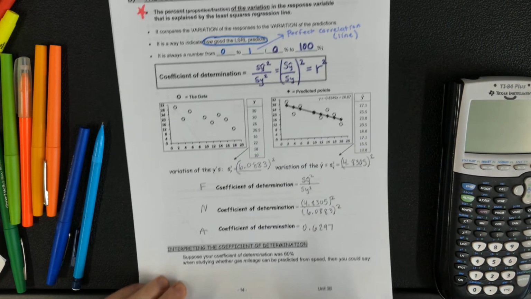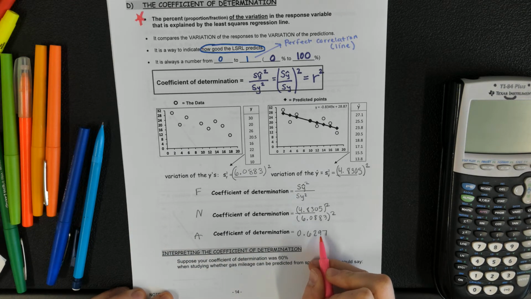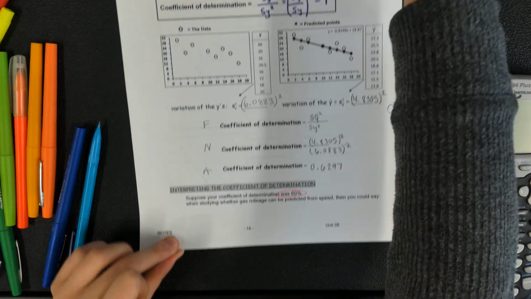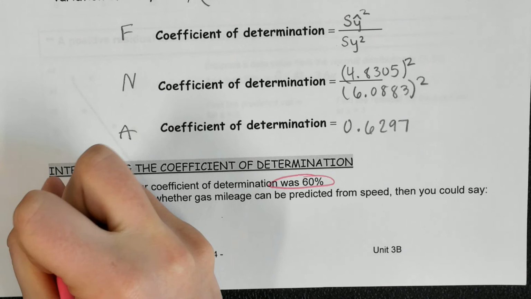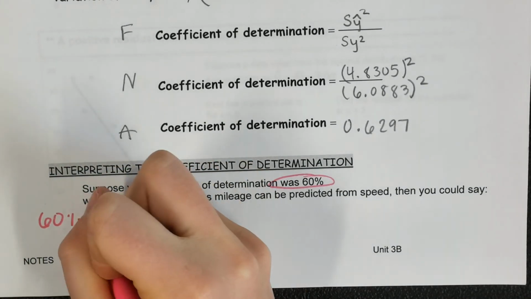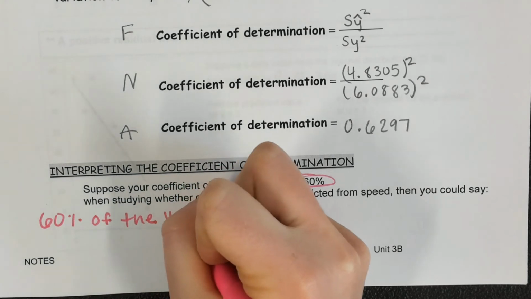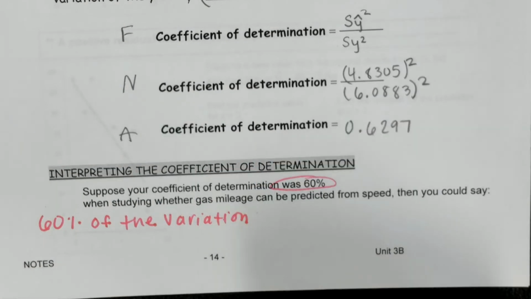So I am going to say the percent. So the percent here that I have is, oh, well, this is a new problem. It says suppose your coefficient was this. So I'm literally following that sentence frame at the top. I'm going to say 60% of the variation, and I'm not going to say in the response variable.